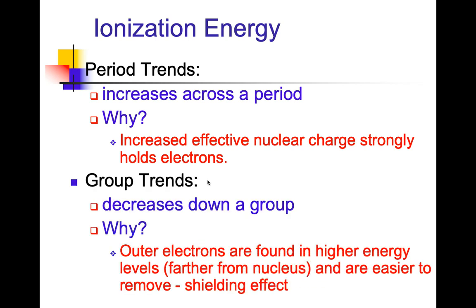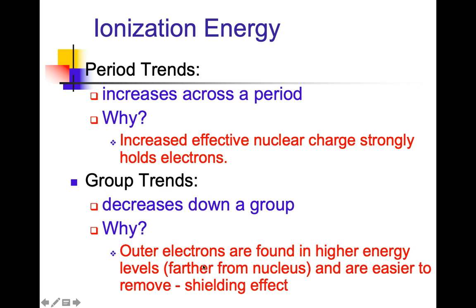And here's your group trend. And for the most part, we saw that ionization energy decreases down a group. So what that means is electrons are easier to remove toward the bottom of the periodic table. And the reason is, again, those outer electrons, remember, we're adding energy levels as we go down from one member to the next of a group. They're further from the nucleus. And those electrons are easier to remove.